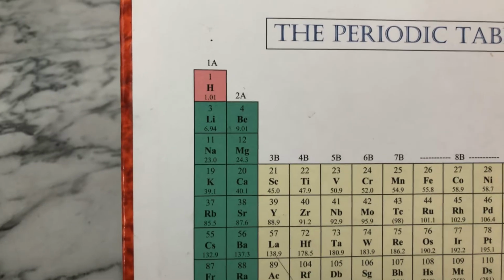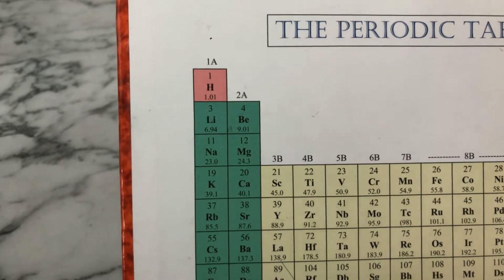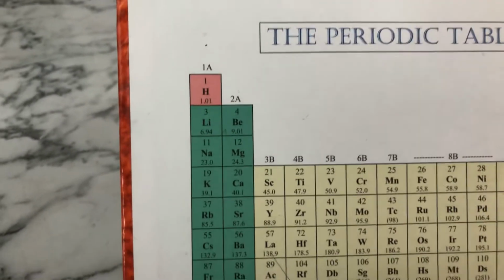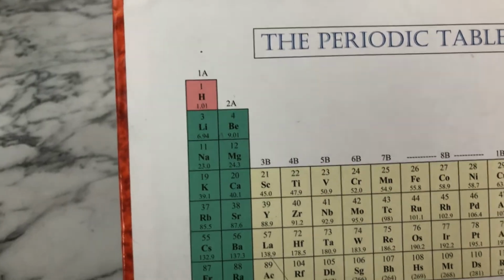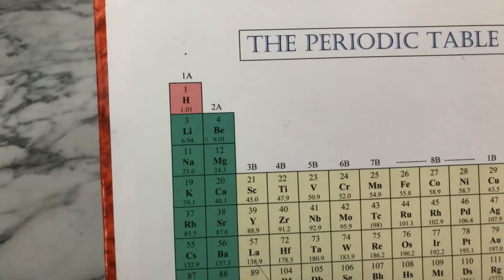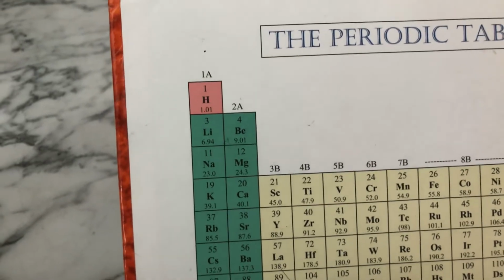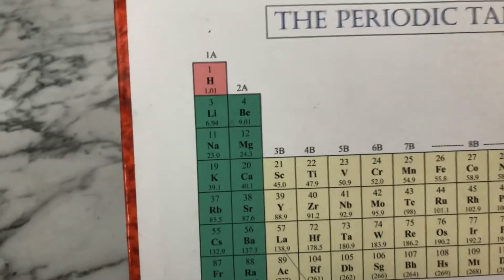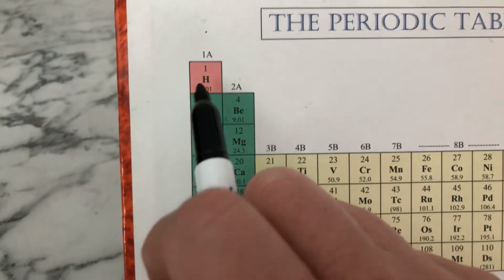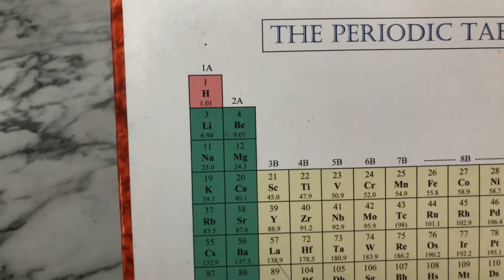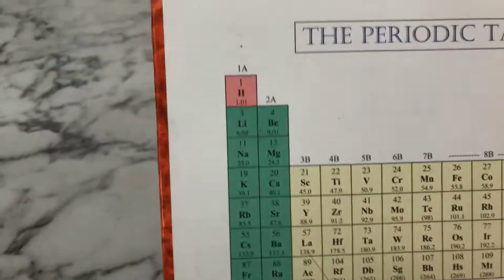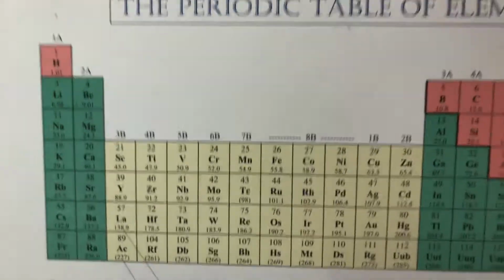That's the atomic weight of the different isotopes of hydrogen, of which there are actually 3. When you add up their masses together, you get 1.01. To get your neutrons, you take that number and round it. So 1.01 rounds to 1.